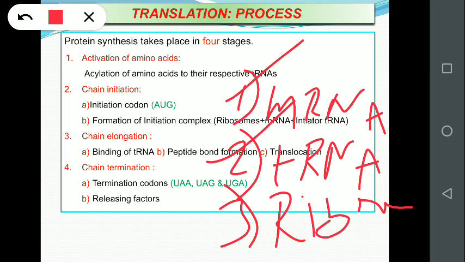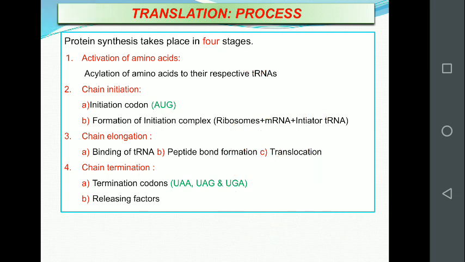So these are the prerequisites for the translation process. In the translation process we have 4 different stages. We are talking about translation in prokaryotes, not in eukaryotes. Of course in eukaryotes the same 4 stages are there, but different protein factors will be involved at different stages.